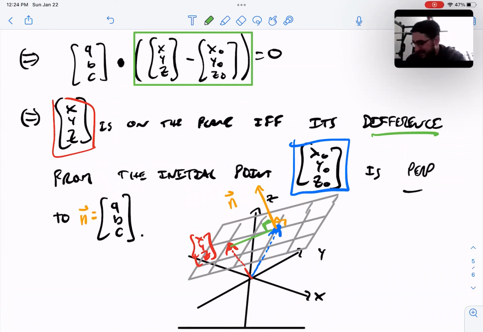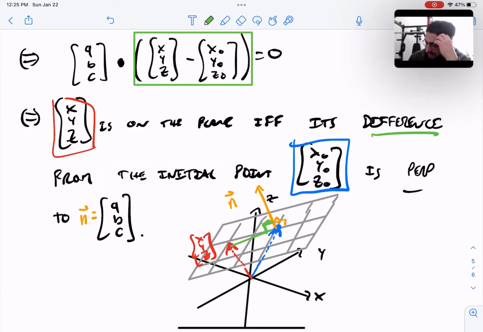As long as that difference, x, y, z minus x naught, y naught, z naught, is perpendicular to the normal vector, if this is a right angle there, then x, y, z is on the plane. And that's if and only if.